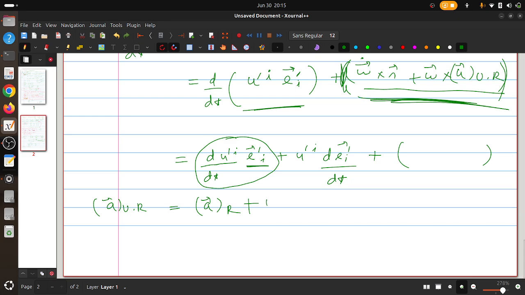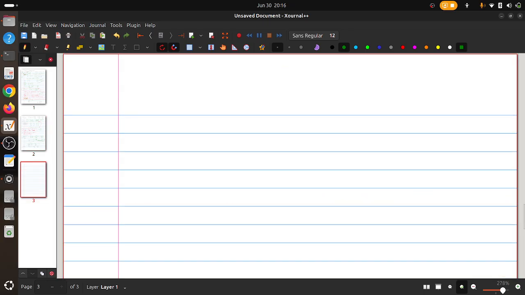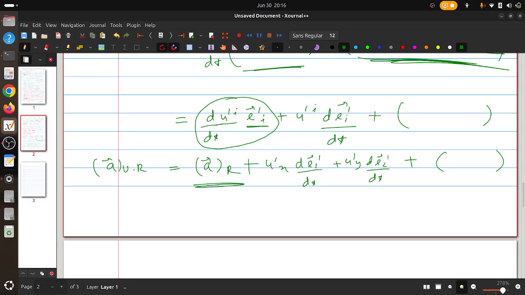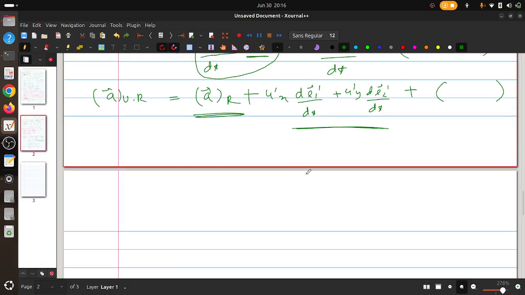So again, if we expand this, so this will be u prime x de1 prime by dt plus u prime y de2 prime by dt, and the last term de3 prime by dt will be 0 because again the z-axis is not changing at all, so it would contribute nothing, and plus these brackets. Okay, so the first term is sorted because this is the acceleration in the rotating frame. Second term we have to again solve.